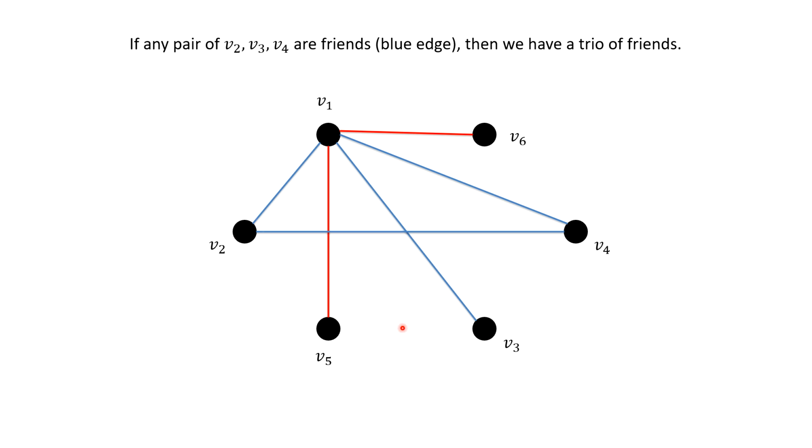It could have been V2 and V3, and then you would have this trio of friends, or V3 and V4, and then you would have this trio of friends. But in any case, if any 2 of these are friends, then you have a trio of friends, which would include V1. Then there's the other case where you don't have any pair of these being friends. In other words, they're all strangers, and that's the second subcase, which I'll show you on the next slide.